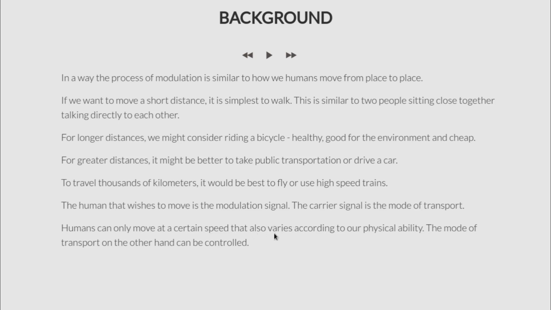And this high frequency carrier signal, when mixed with the audio signal, resulted in a signal that was easier to transmit. In exactly the same way, when humans use a machine, it becomes easier to move, and therefore it becomes easier to go about our daily lives. Right? So this is a very, very, very basic overview of communication and the process of modulation.